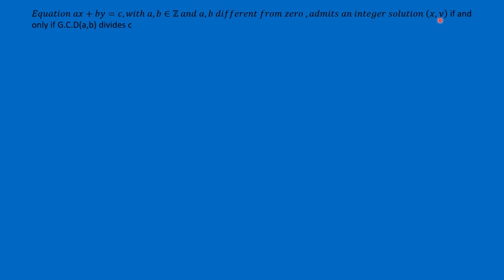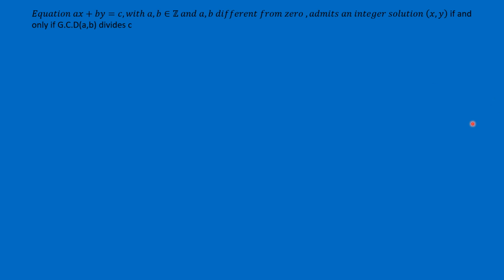Very important to note, it admits an integer solution if the greatest common divisor of a and b divides c. That actually means that the greatest common divisor between a and b is also a divisor of c.